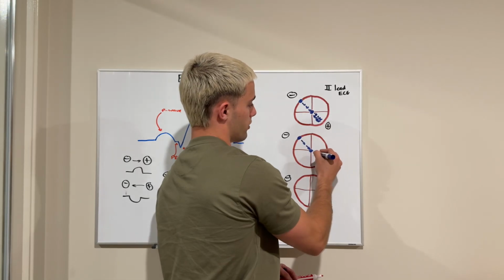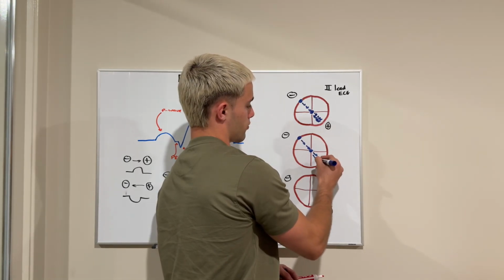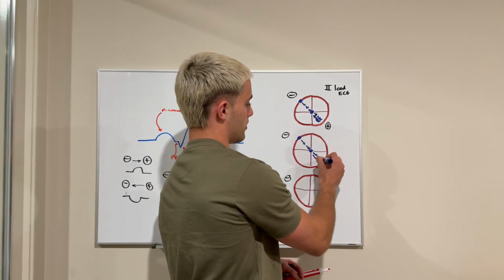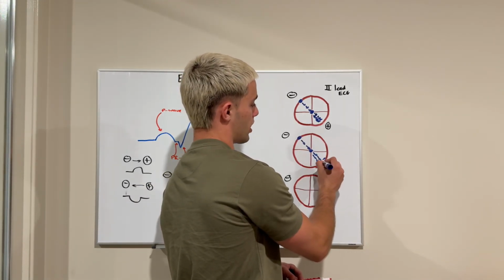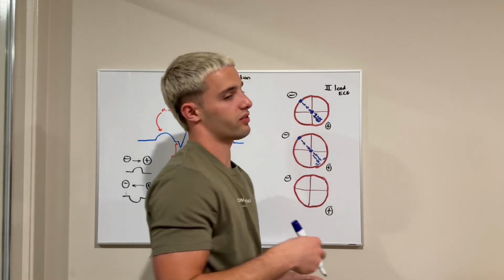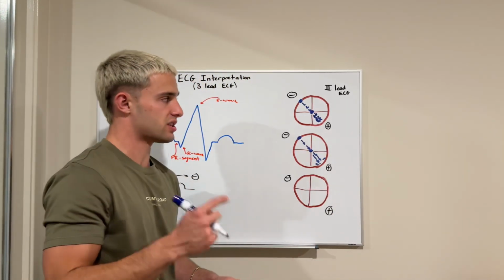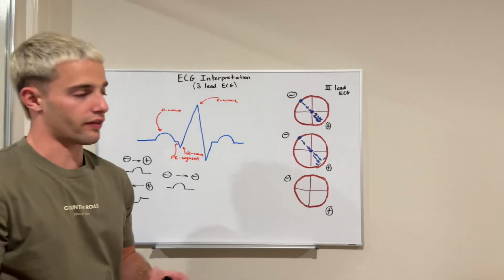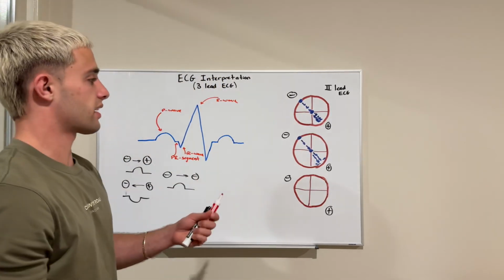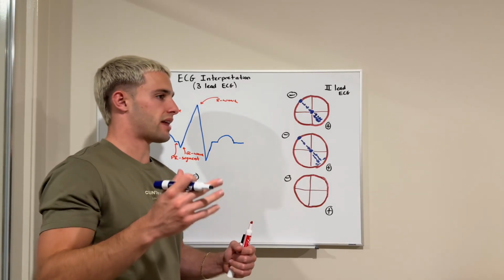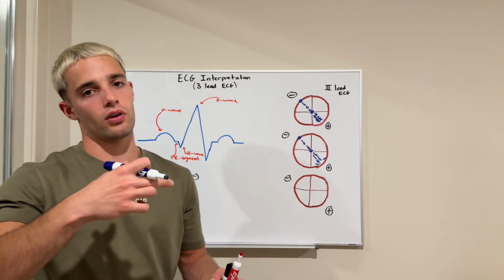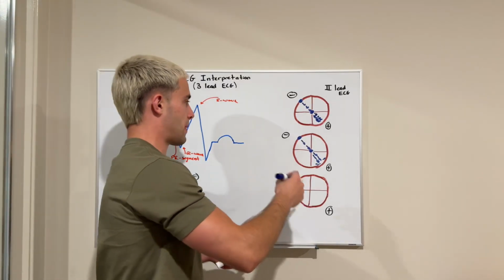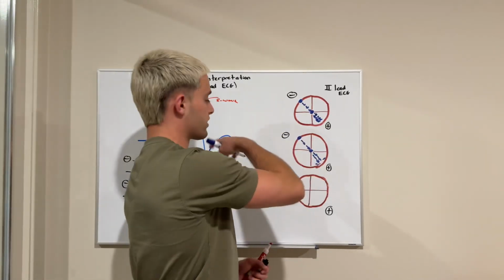Then the AV node is sending those action potentials through the intraventricular septum and then down into the myocardium of the right and left ventricles, causing them to depolarize. This is why we get such a big positive deflection, because this is telling us that that thick wall of the left ventricle is depolarizing, and that's why we get such a big deflection.